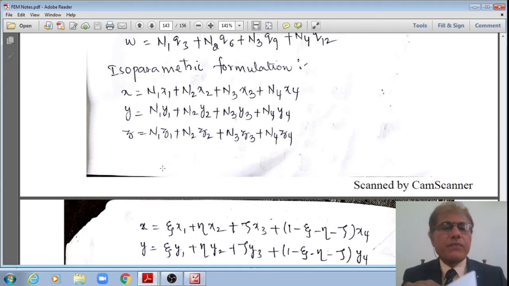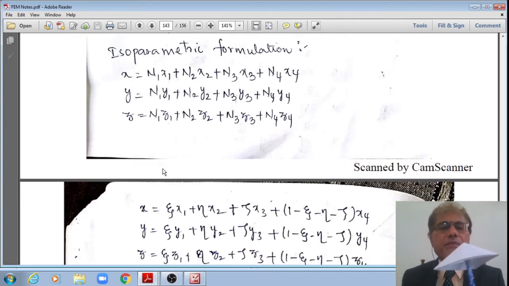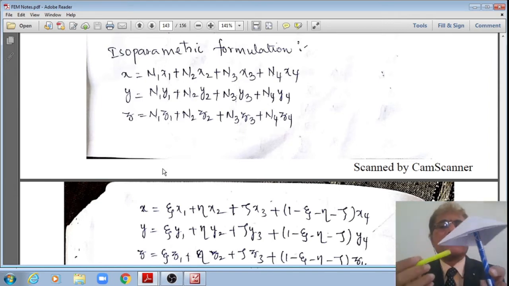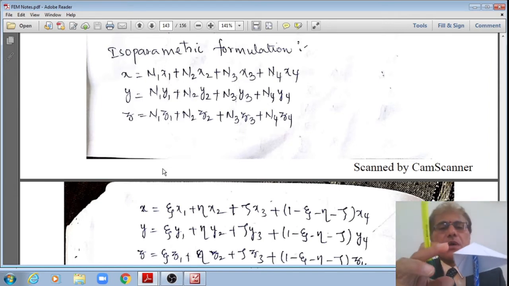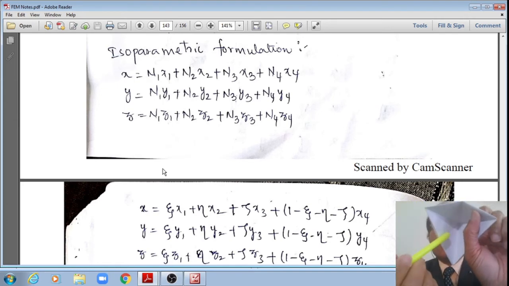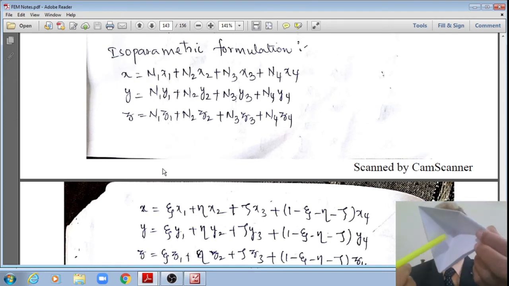Now let us move to the next subheading, isoparametric formulation. Iso means the same: the shape functions of the same order which were used to interpolate the displacements will also be used to interpolate the geometry. Therefore, I'll take an interior point P anywhere, right?